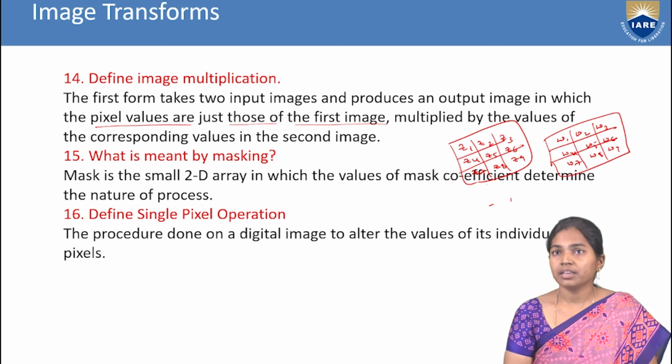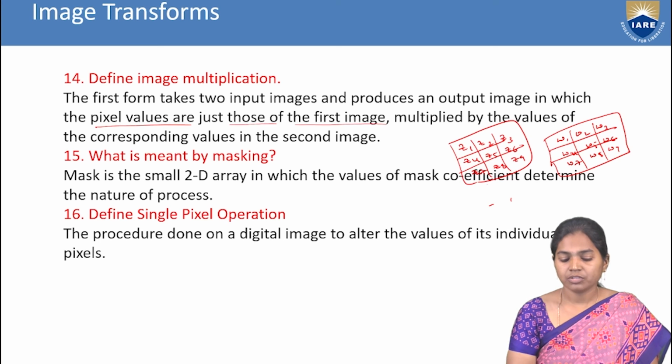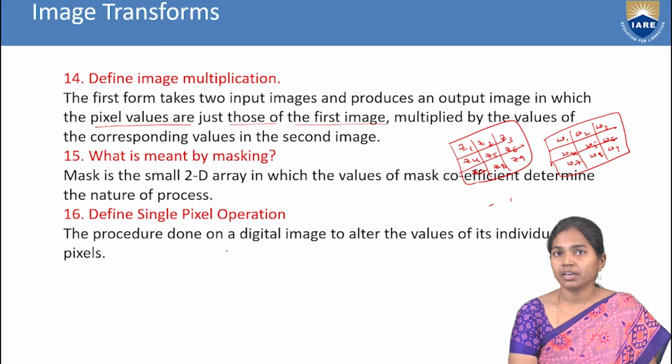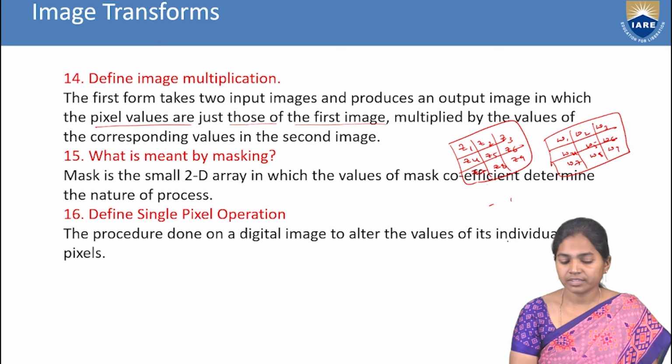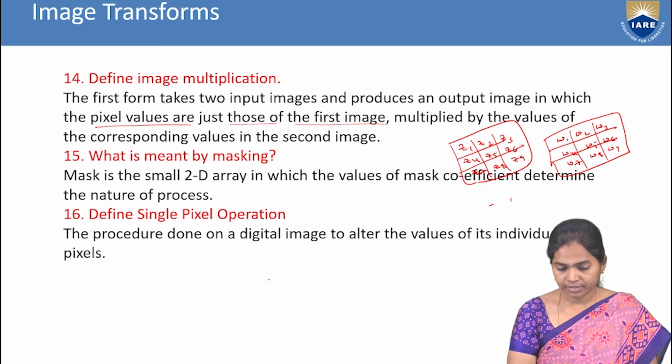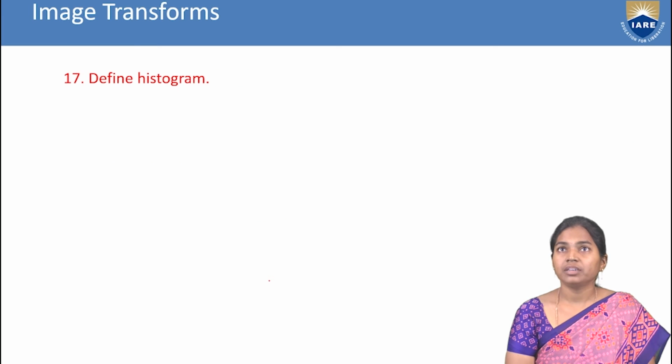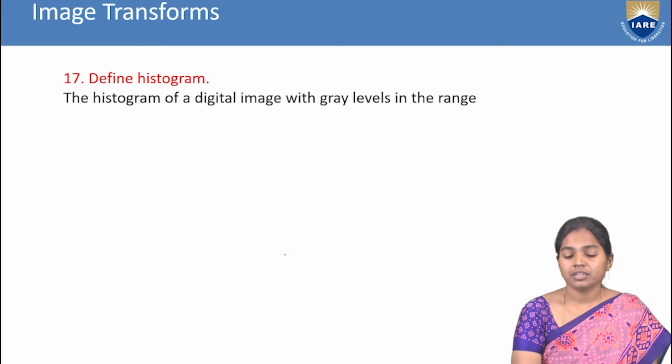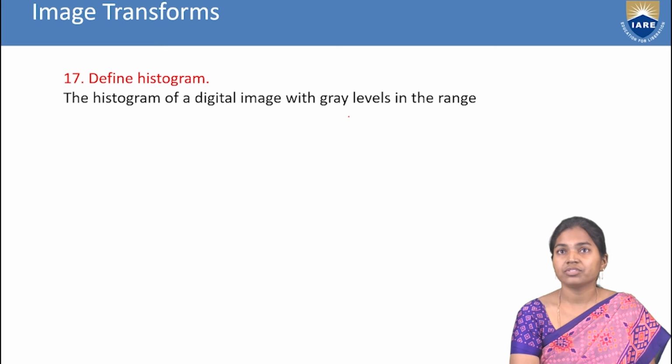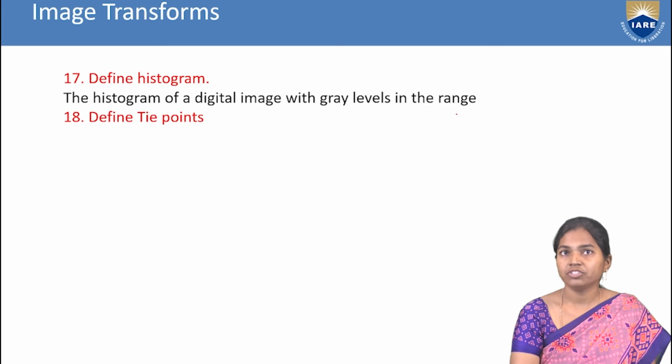Define single pixel operation. Here the procedure is done on a digital image to alter the values of its individual pixels. Next, define histogram. A histogram is for a digital image with gray levels in the range.